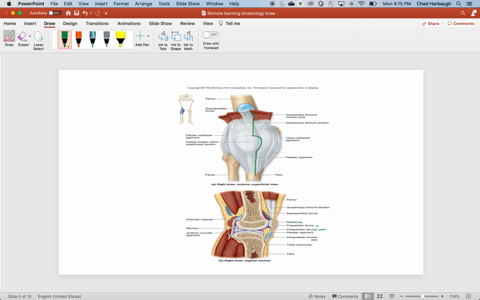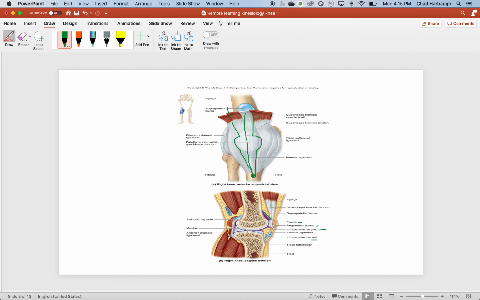We can see the main rectus femoris tendon. It is going to come down to the top surface of the patella, through the center, and then again attach into the tibial tuberosity. And then we have the vastus lateralis, which is going to hit the top surface and also connect into the lateral surface, and then finally terminate into the tibial tuberosity.